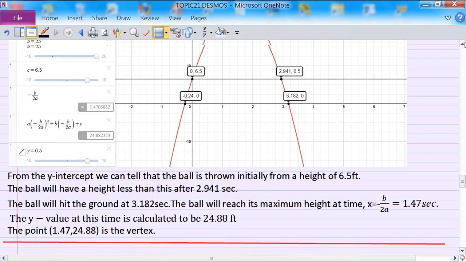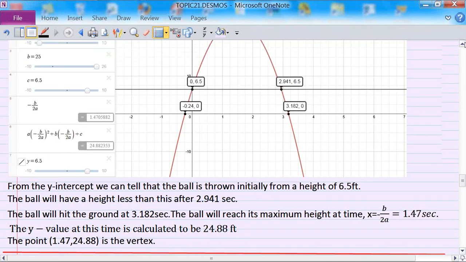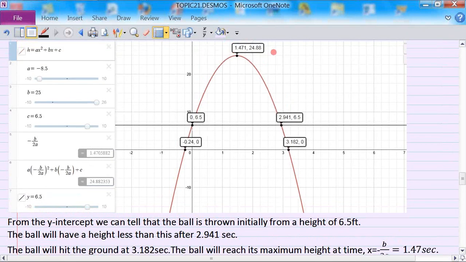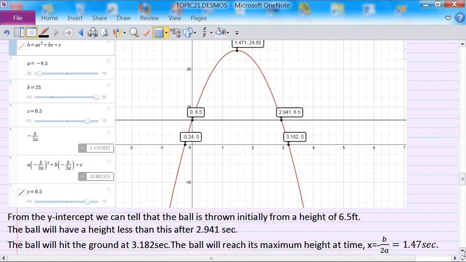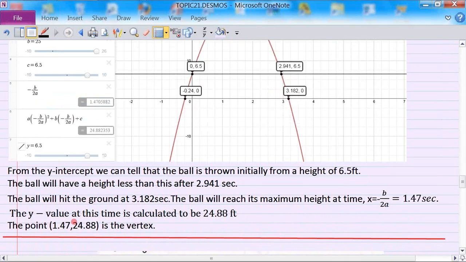Let's show that right here. And the y value at this time is calculated to be 24.88. The point is 1.47, 24.88. This is the x value, and the y value, and together they constitute the vertex.